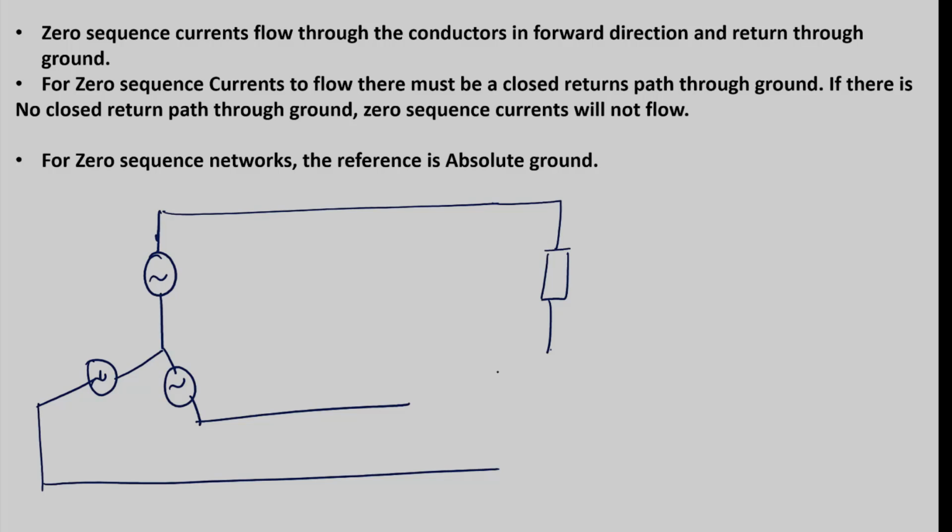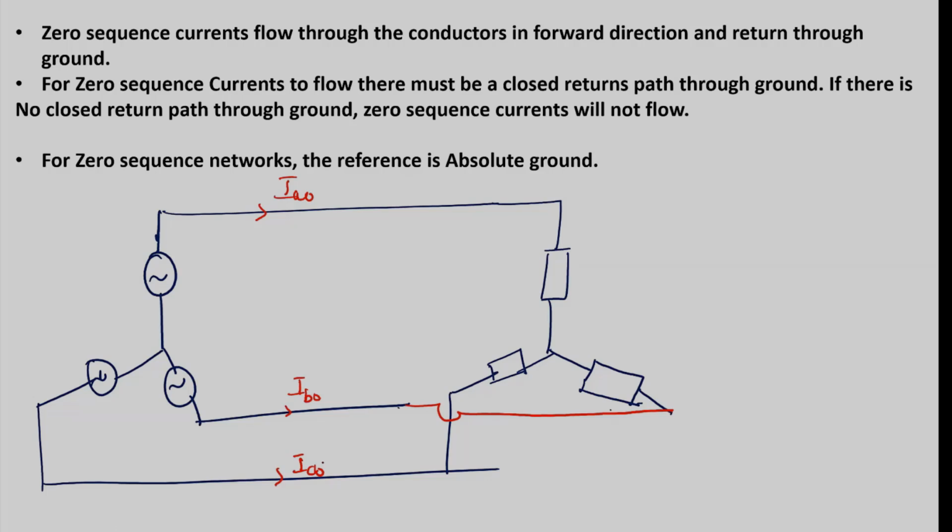In the reverse direction, they flow through the ground. Understand? So this is your IA naught, IB naught, and IC naught.